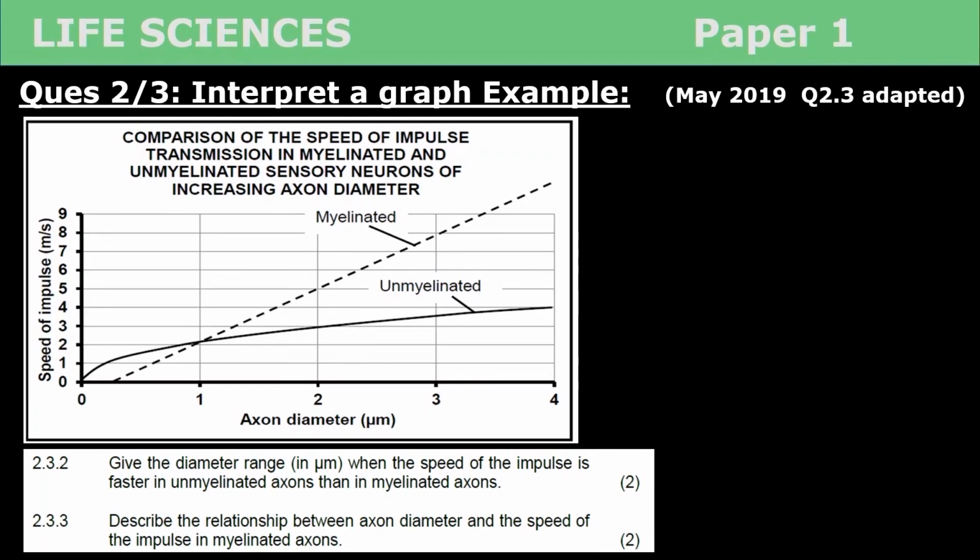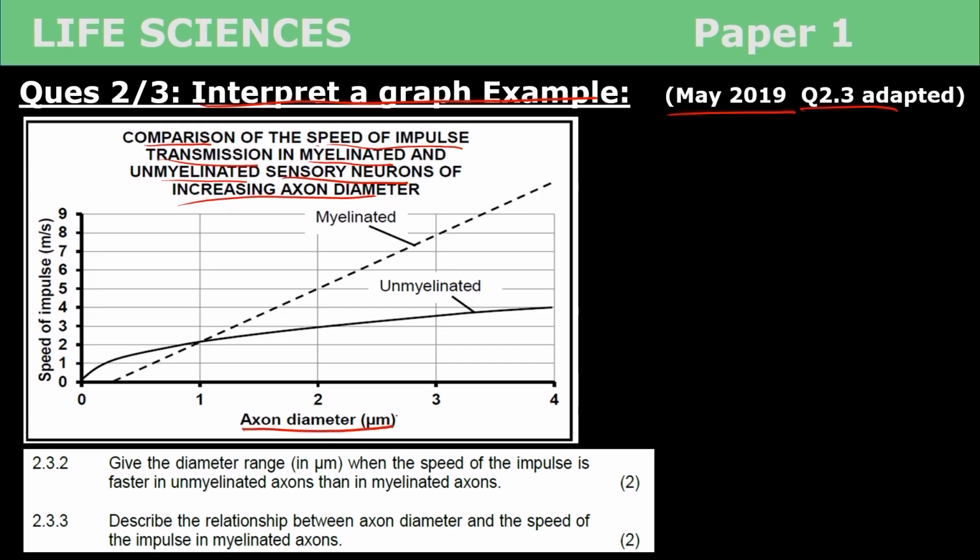All right, now let's look at this graph example, and we are interpreting a May 2019 question 2.3. Again, read the caption so that you can get the feel of what is happening here. This is a comparison of the speed of impulse transmission in myelinated and unmyelinated sensory neurons of increasing axon diameter.